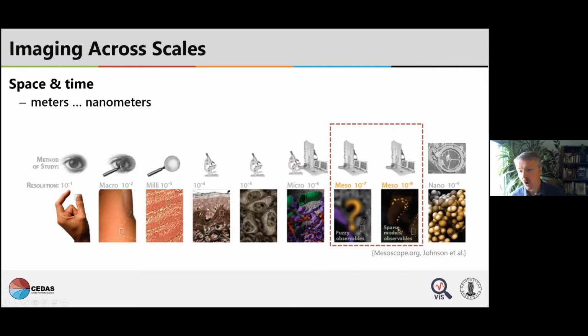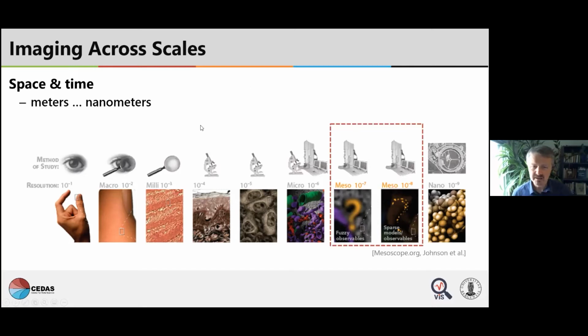And obviously, we do have medical imaging on the largest scales. There's a variety of scanners used in hospitals these days that give us 2D, 3D pictures of human anatomy, and that's a rich data source for visualization.